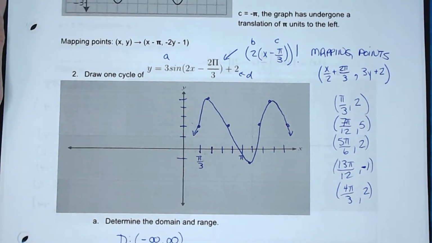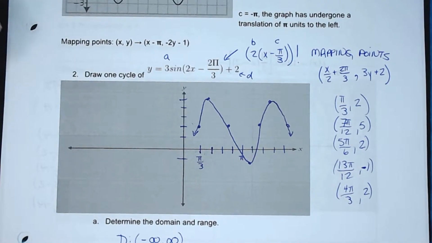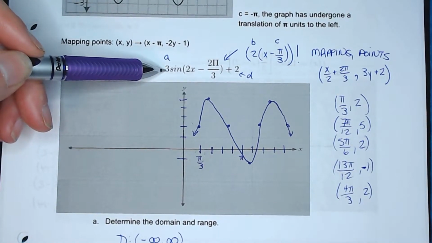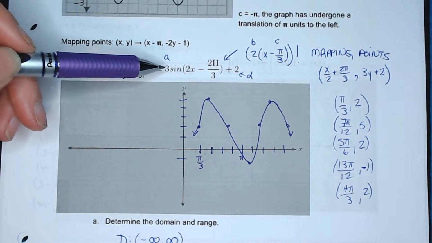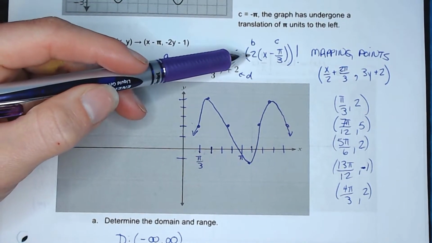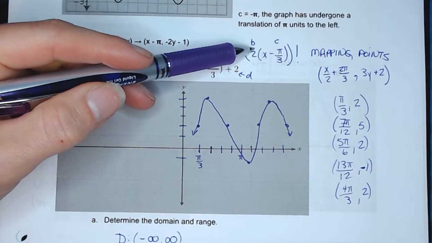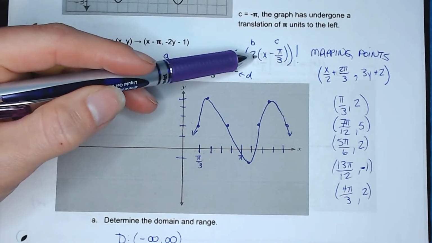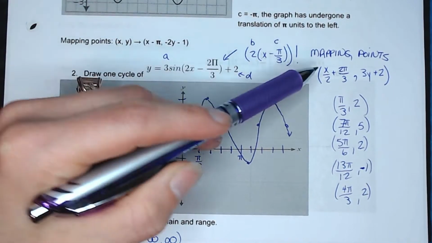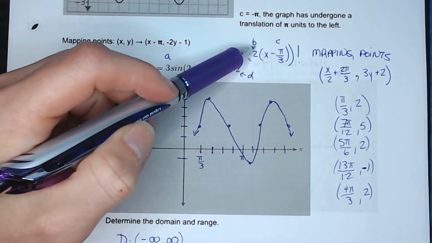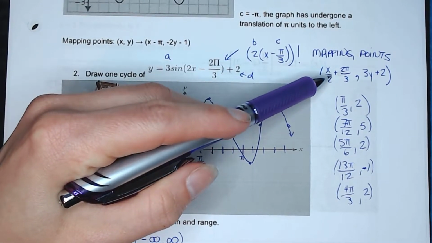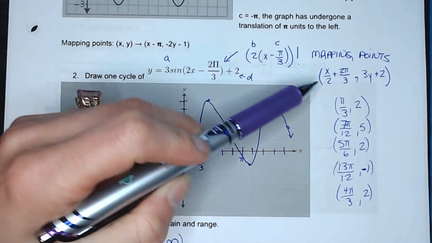So we're going to take the original sine graph, multiply it by 3 for the y values, and for the x values, we're going to divide them by 2. Remember, for the b value, if you're multiplying by a whole number here, you divide the x values by it. And if there's a fraction here, you multiply by the bottom of the fraction. But in this case, we have a whole number, so divide by 2.